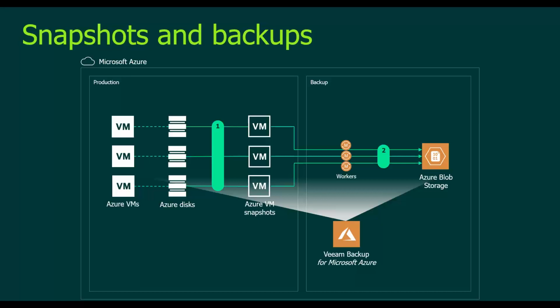It connects the snapshot and converts it to a Veeam format that is sitting in the Azure Blob storage. And after that, we terminate those workers. We deploy the Veeam Backup for Azure appliance into Microsoft Azure, perhaps in a backup subscription or in a backup account, and we connect with the production part.